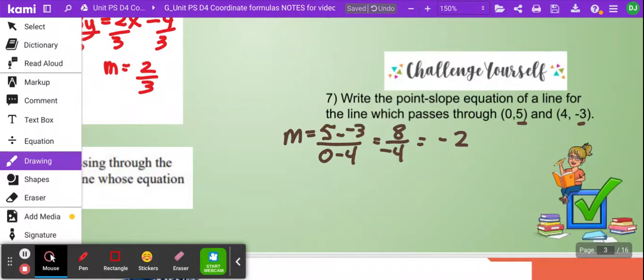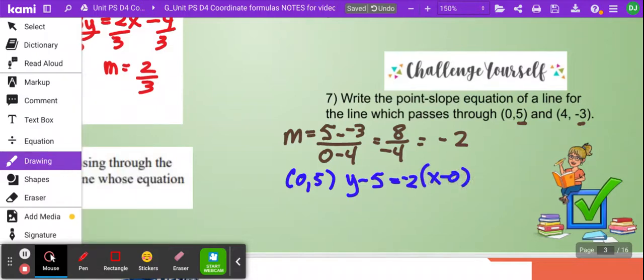Now I can pick either point and get the answer correct, because in point slope, I just need a point that the line passes through. So if you pick 0, 5, then I get y minus 5, because it's y minus the y value, equals negative 2. And at first you may want to think of x minus 0, but wait a second.